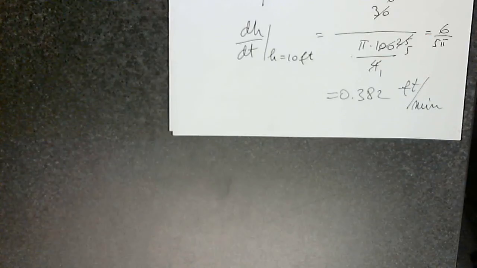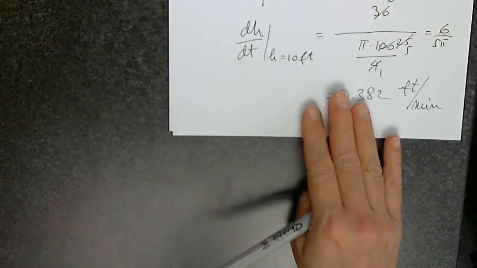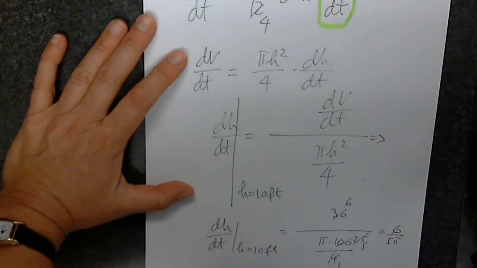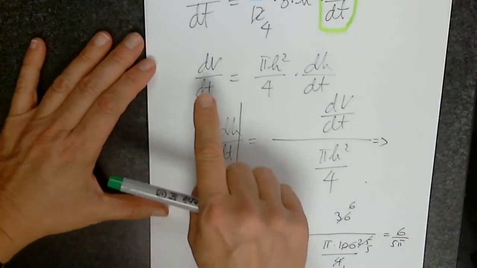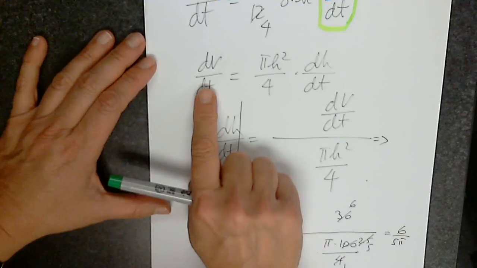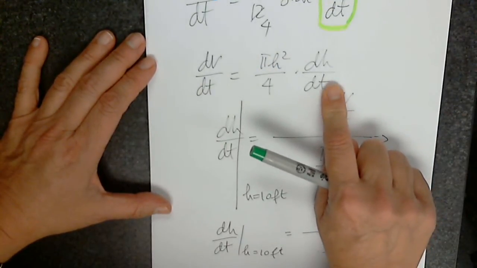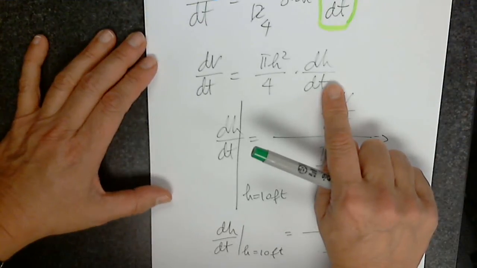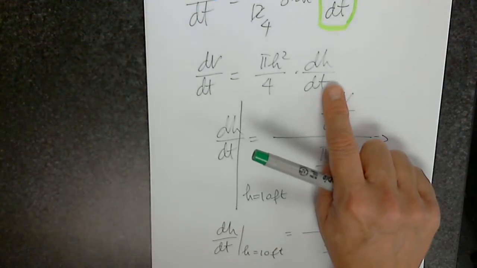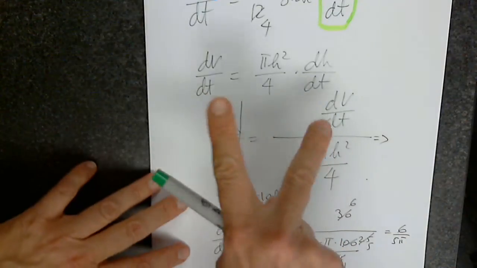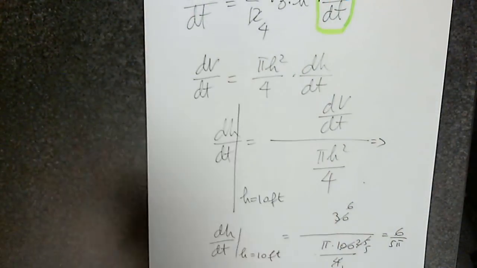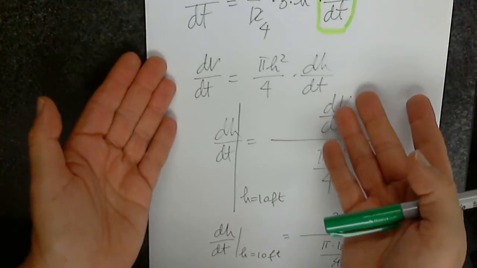This is one example of a problem concerning related rates. One more time: what is related here? The rate of change of volume is somehow related to the rate of change of the height of the cone as we pour gravel onto it. So these are the two related rates. They are related through this equation.